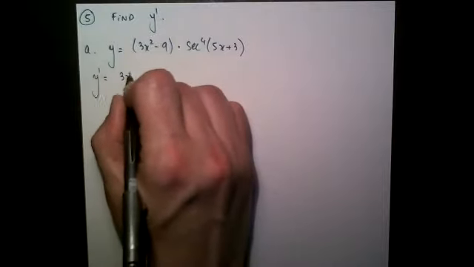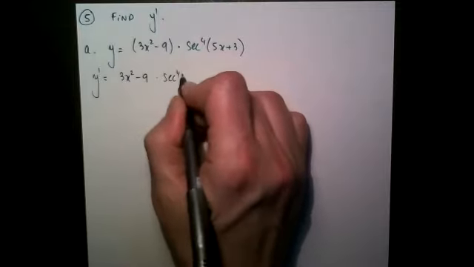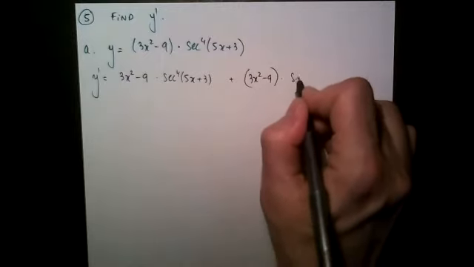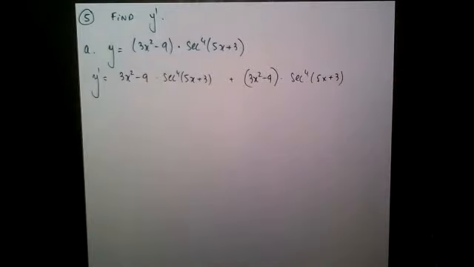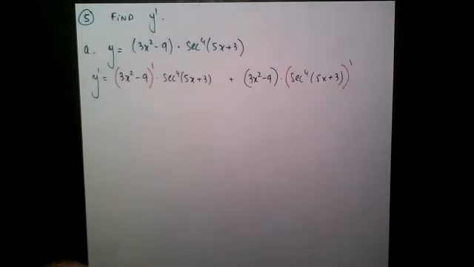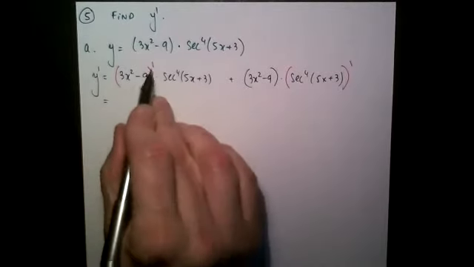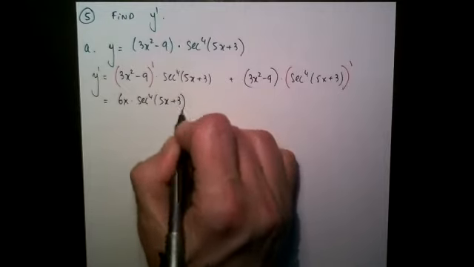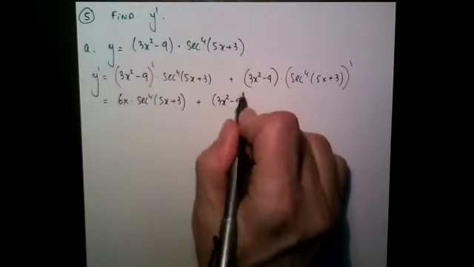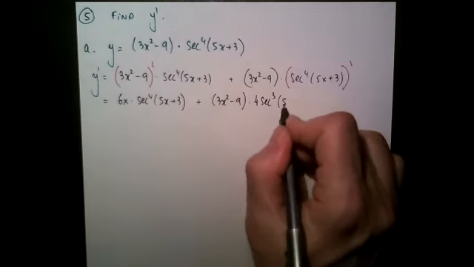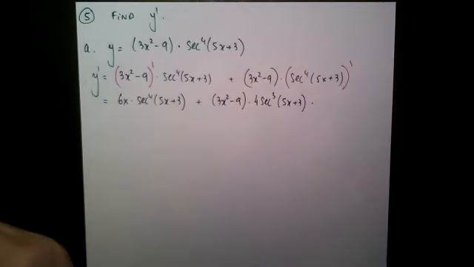So let me do at least the first one. I'll do the steps. u prime v plus u v prime, which is the derivative of this is 6x times secant⁴ of (5x plus 3), plus (3x² minus 9) times the derivative of secant⁴, which is 4 times secant cubed of (5x plus 3) times what? 5.